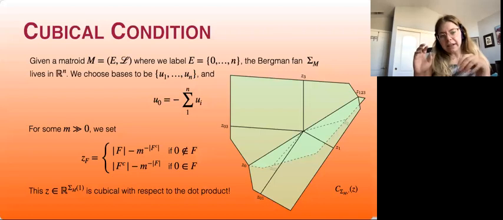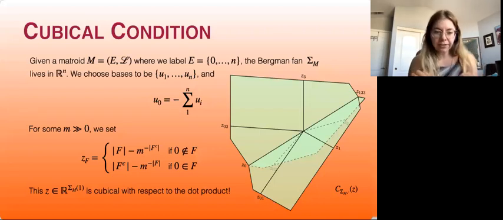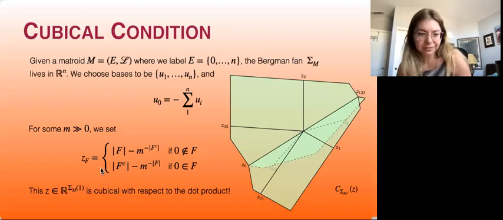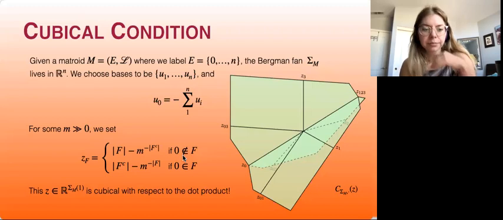Remember we have a Z value associated to each ray of the fan, and rays of the Bergman fan are enumerated by the flats. So we define a Z value for each flat. It's going to depend on the presence of this 0th atom in the flat.